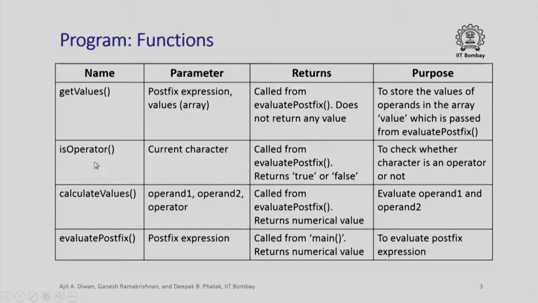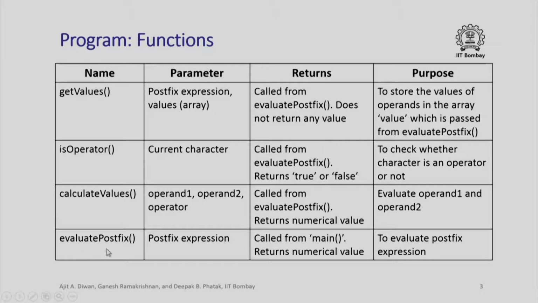Is operator is another function which just looks at the current character and checks whether the character is an operator or not. Calculate values is the function which will take operand 1 and operand 2 and the operator, evaluate them with the operator that has been given, and calculate the resultant value.